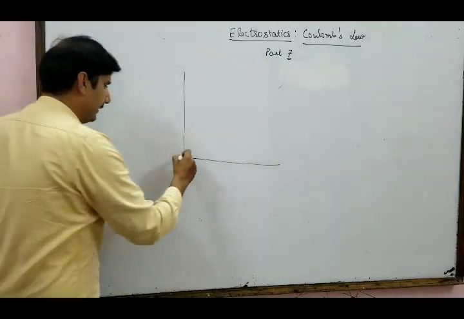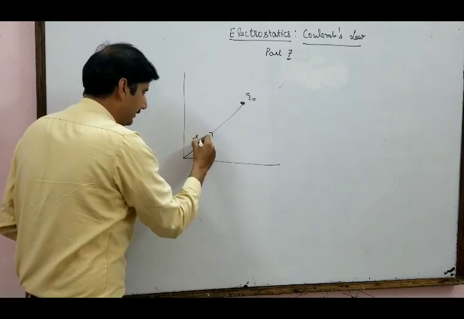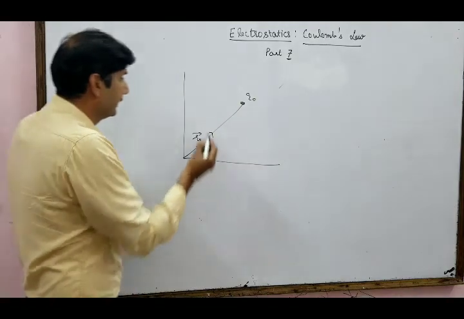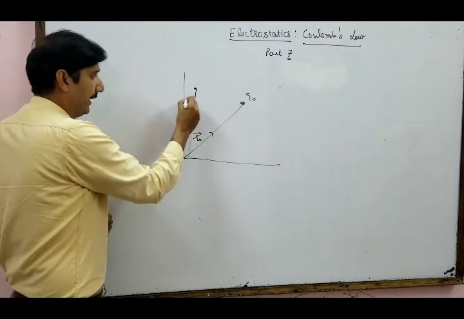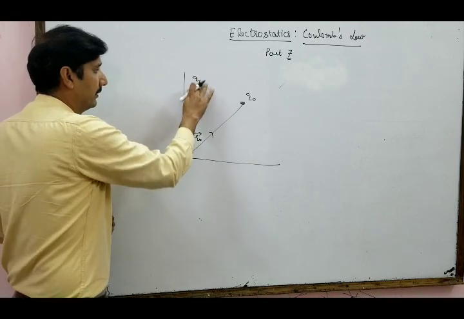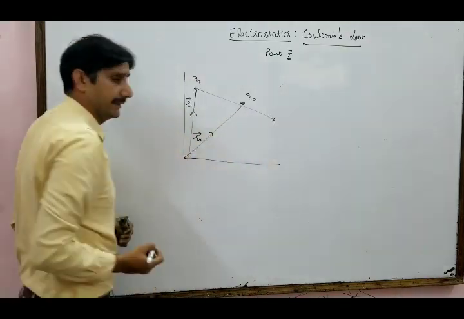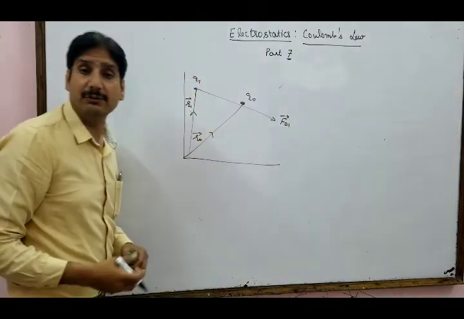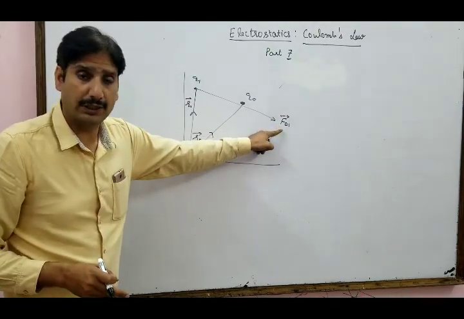Let us assume that there is a charge Q0 with position vector R0, and there are other charges like Q1 with position vector R1. Now Q1 is exerting force on Q0 like this, and the force, following the earlier convention which we developed, is written as F01.